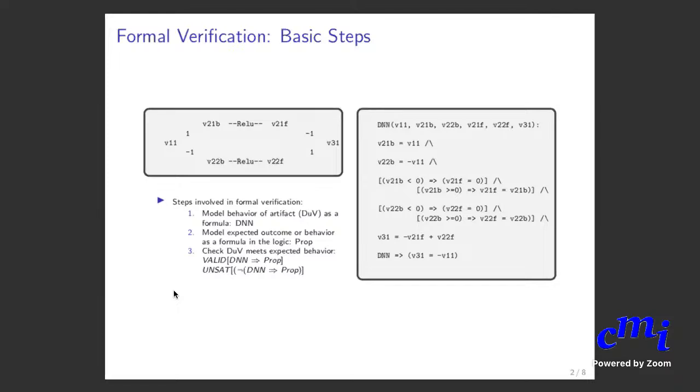Since we want to verify that for all inputs the DNN obeys this property, we make the verification condition. This is the property that you want to verify, and this is the verification condition, which says that assuming my model of the DNN behaves as expected, then this is valid for all values of inputs and outputs. So this is expressed as validity.